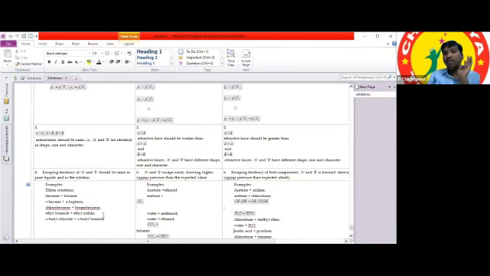For non-ideal solutions, delta H is not equal to 0, and delta V is also not equal to 0.